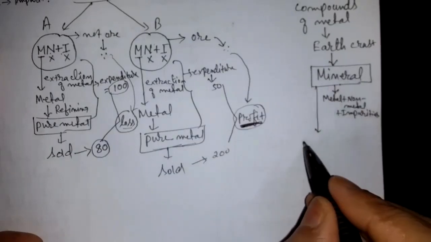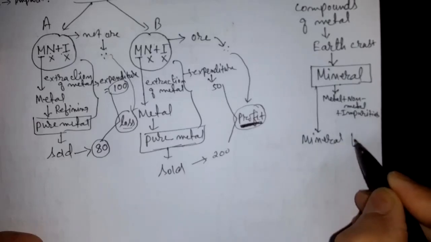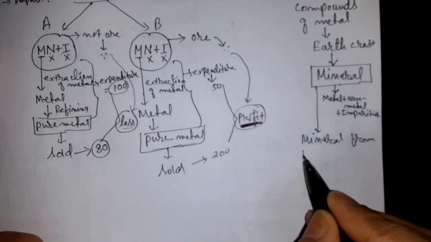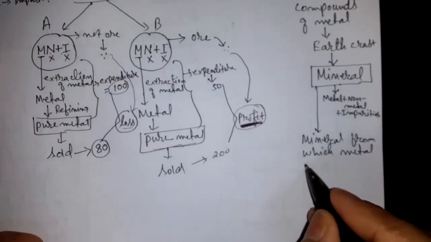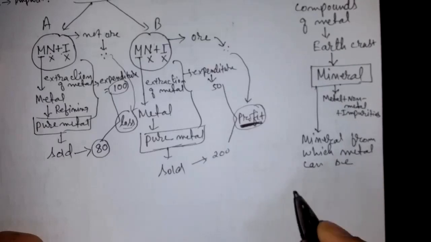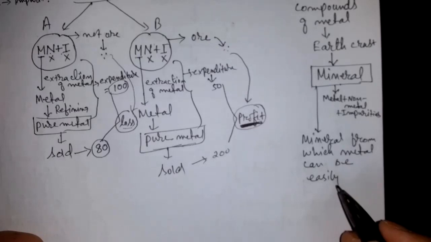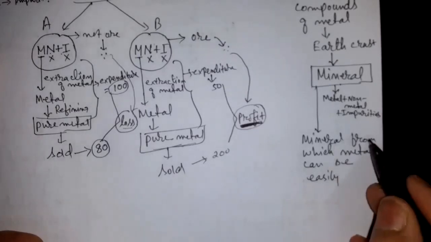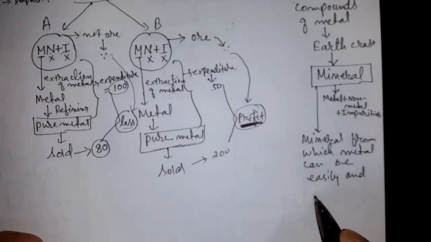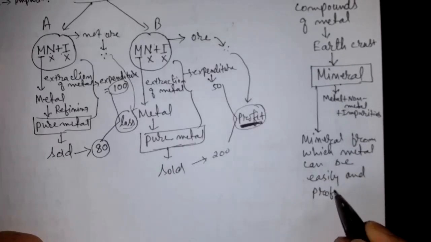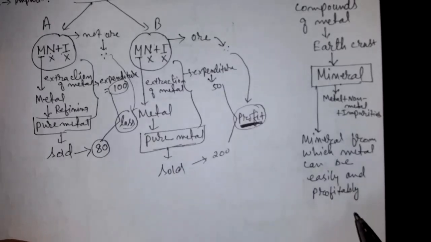So, mineral from which metal can be easily, some textbooks in place of easily say conveniently also, and profitably, some textbooks may say economically also, extracted.